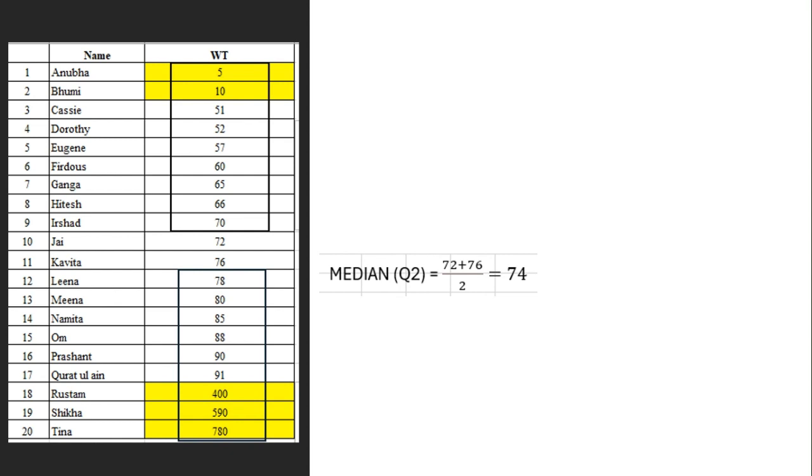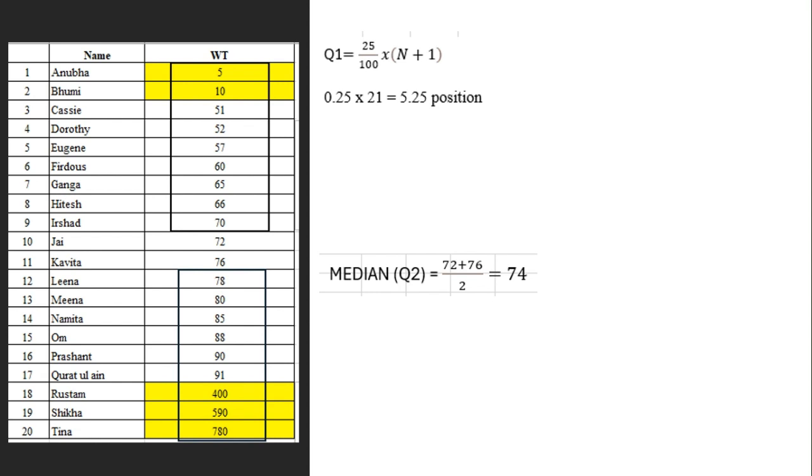So here is the median. It is the summation of those two middle values divided by 2, and my median is 74. The median happens to be the 50th percentile.